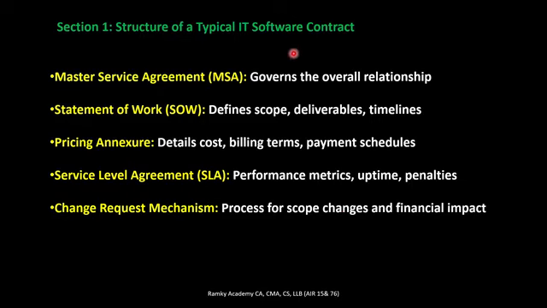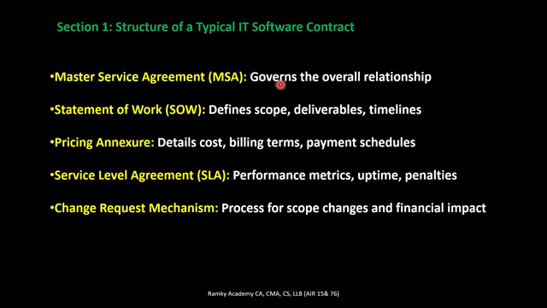So majorly, IT software contracts start with the MSA. This is the main frame agreement between the supplier and the customer, and it governs hundreds of SOWs under this one MSA.